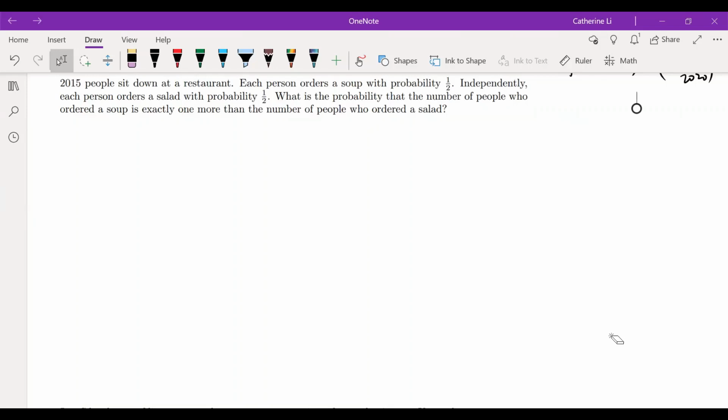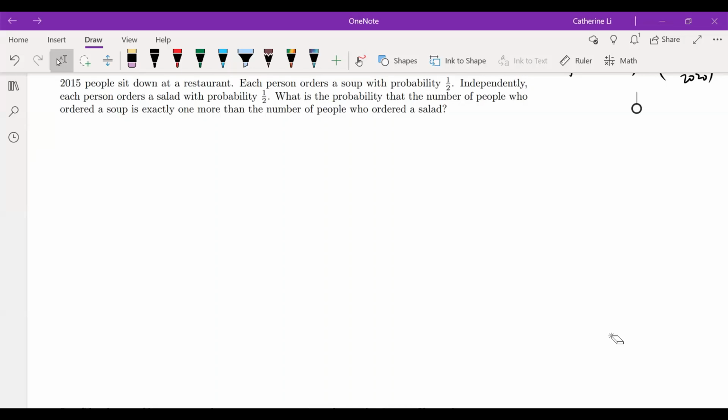So I said they order with equal probability. That was not correct. They can order nothing, and they can also order both of them, but each thing that they order is ordered with probability 1/2. Sorry about that.